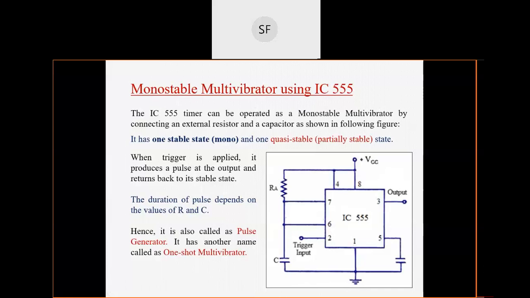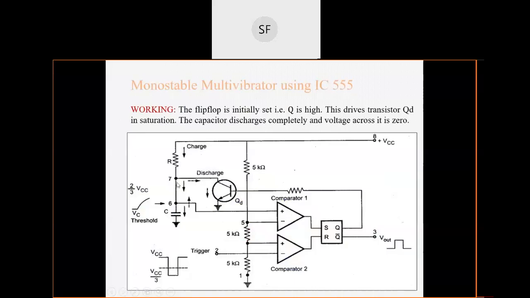Pin number 6 and pin number 7 are connected only by a simple wire, so they are short circuited. You can observe here, pin 6 and pin 7 are again connected by a simple wire.